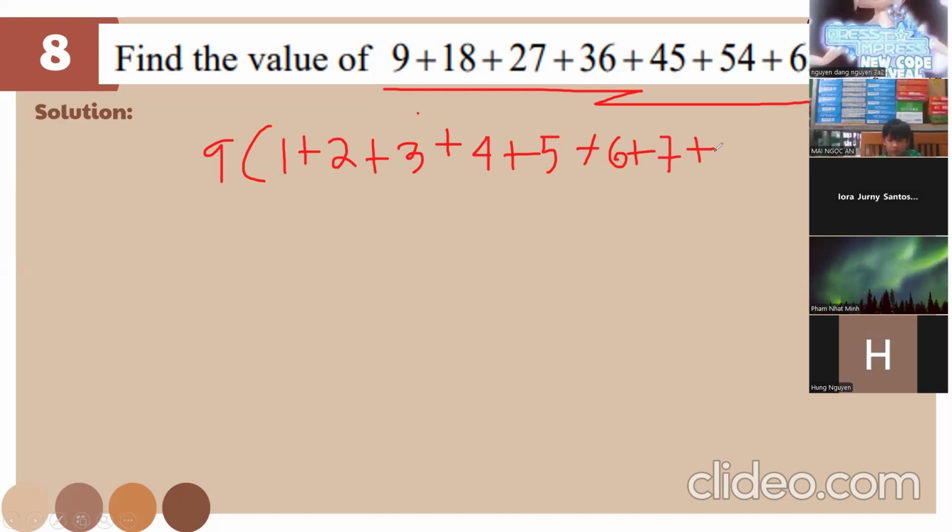Then, you can just do this. So, adding them right away, we have 6 here, 10, 15, 21, and 28. So, 28 times 7. The answer is 196.